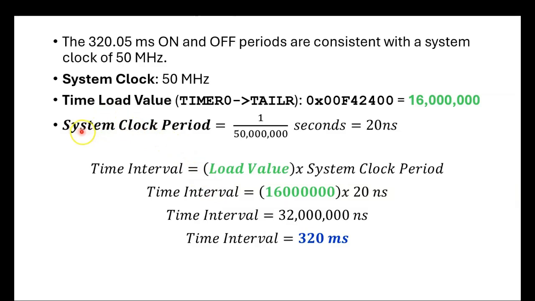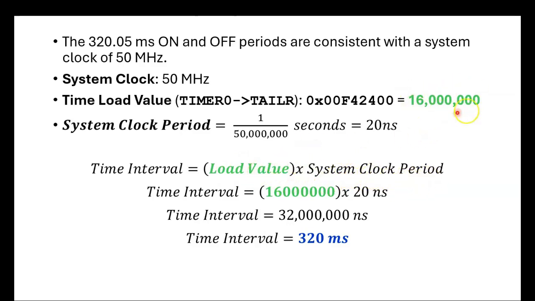First off, we need to calculate the system clock period, and we do this by using this equation. The system clock period is equal to 1 divided by 50 million. This 50 million is from the 50 megahertz. That gives us 20 nanoseconds. The time interval equation is this: load value multiplied by the system clock period.